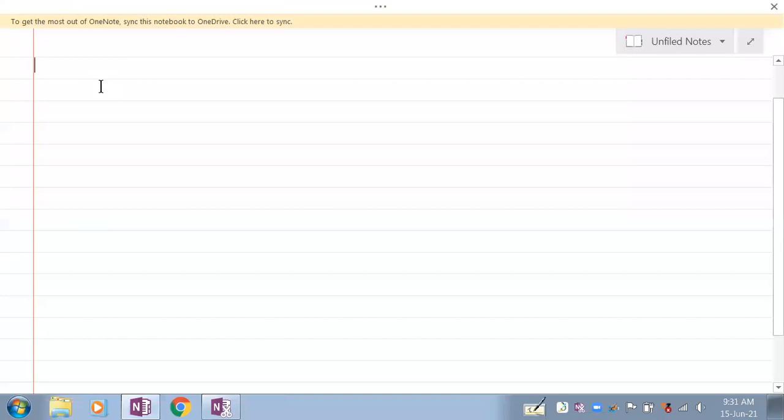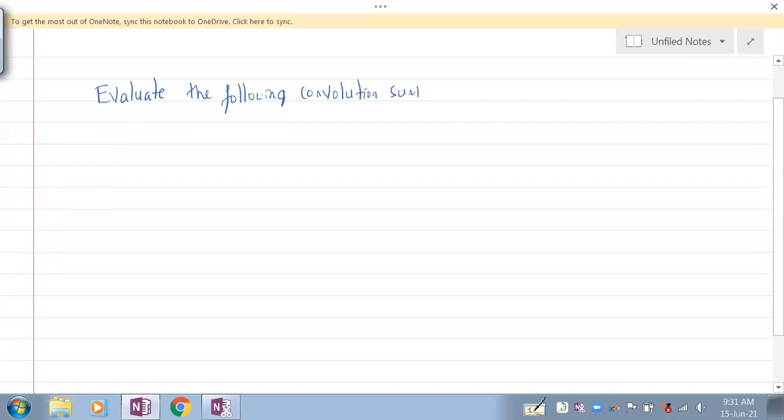Next problem deals with this. Everybody take down this. Evaluate the following convolution sum.